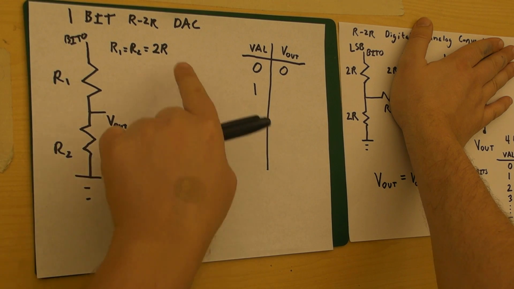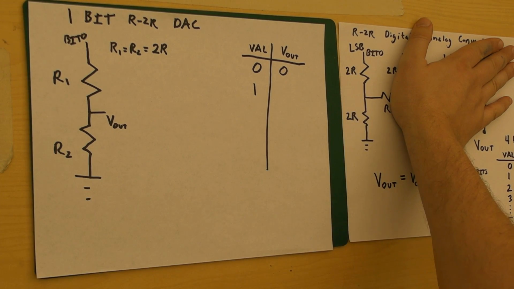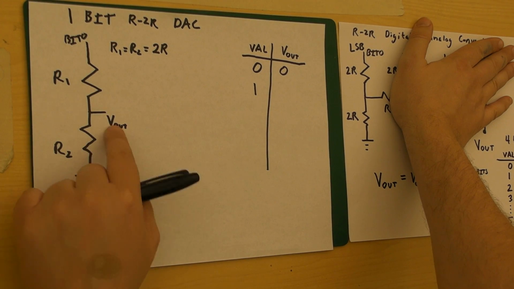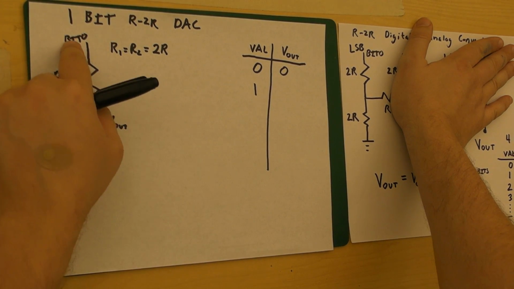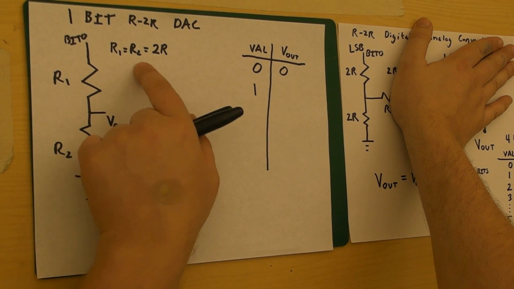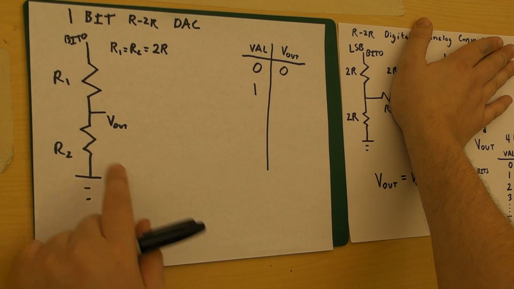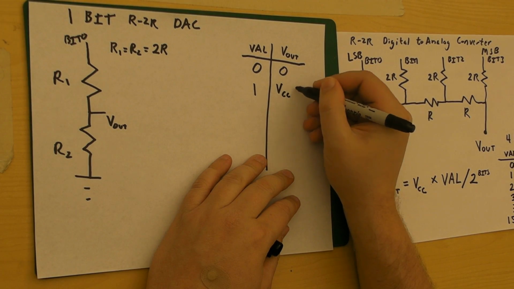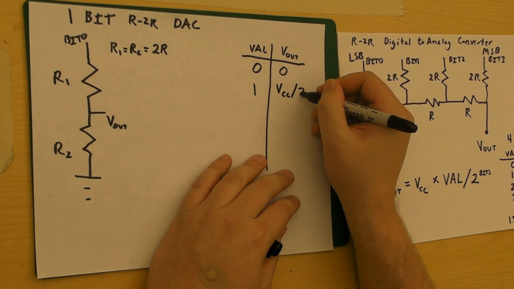R1 and R2 are both 2R from what we saw in our original circuit. Of course, when bit 0 is 0, V out is 0. When bit 0 is 1, though, we have a voltage divider, but since R1 and R2 are equal, they're both 2R, it means that V out is basically just VCC over 2.